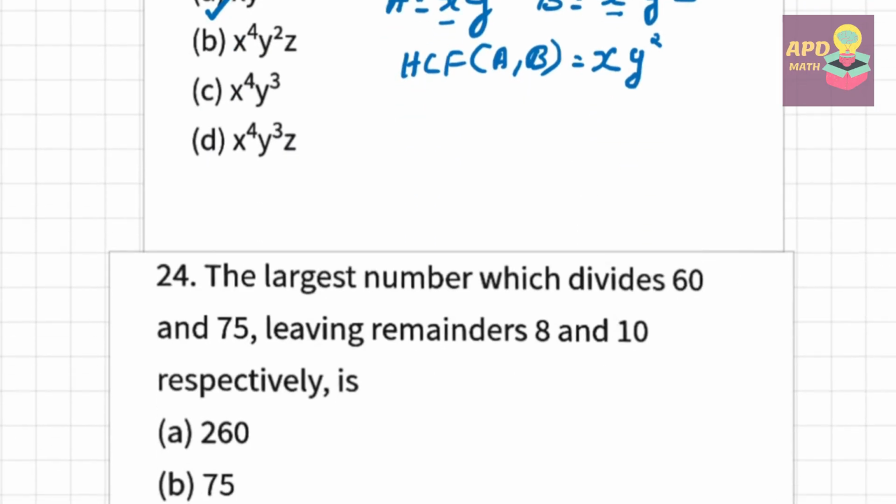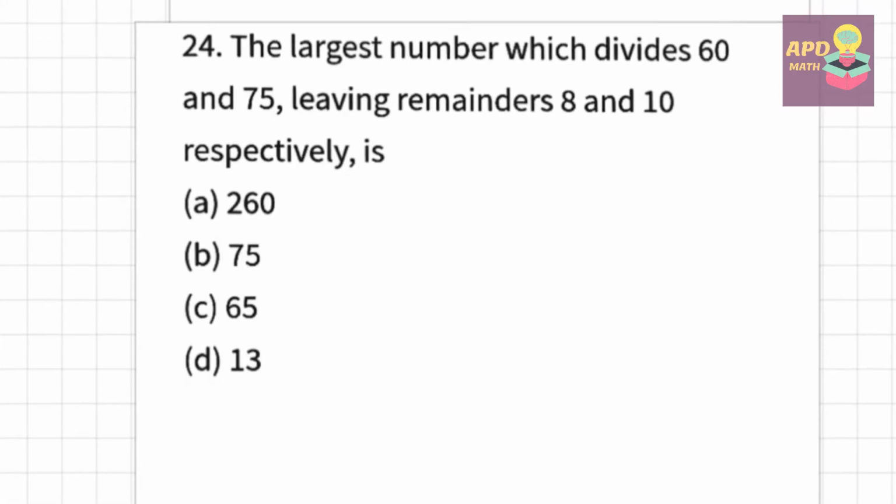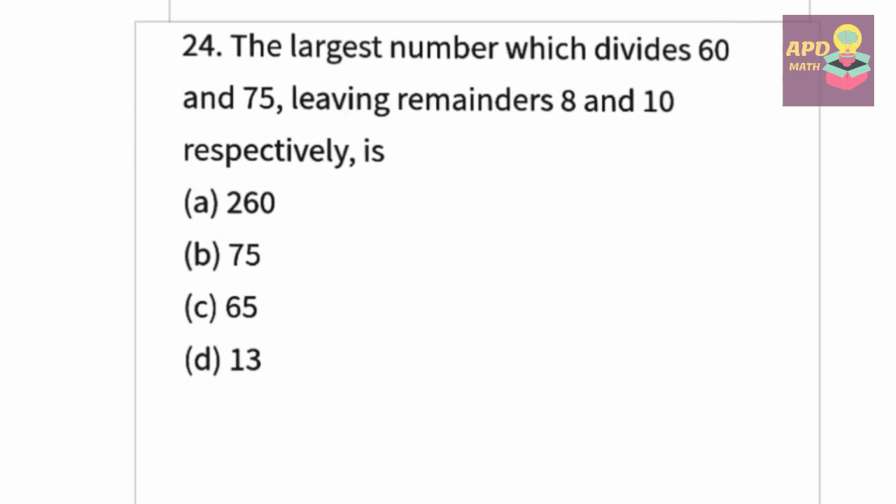Now the 24th question is: the largest number which divides 60 and 75, leaving remainders 8 and 10 respectively, is. This one also we have seen once in the part 1 video. Again I'll explain.